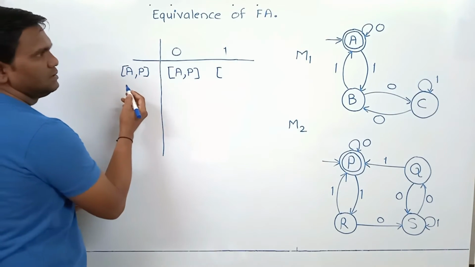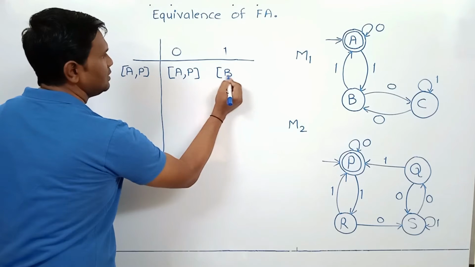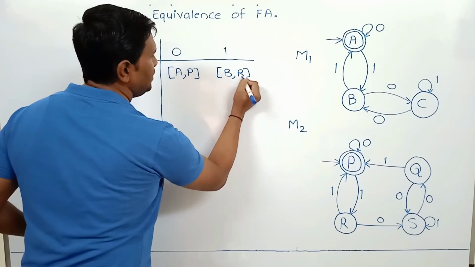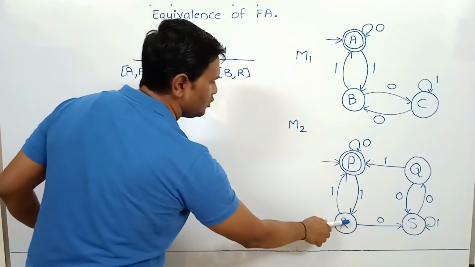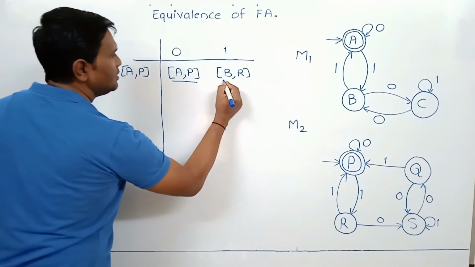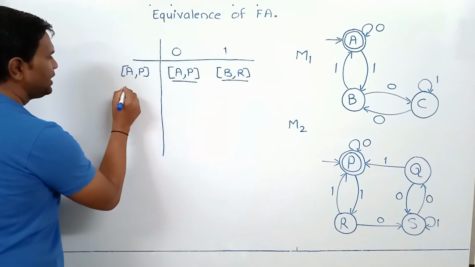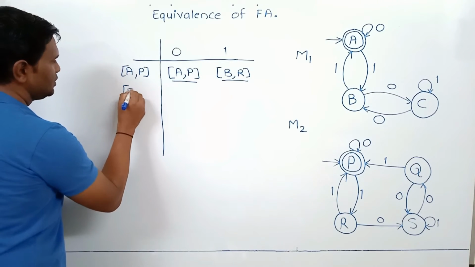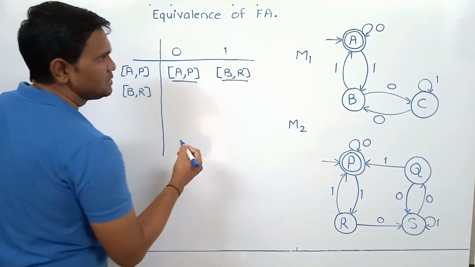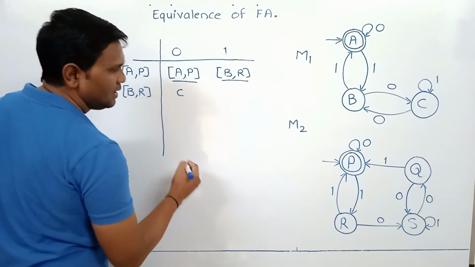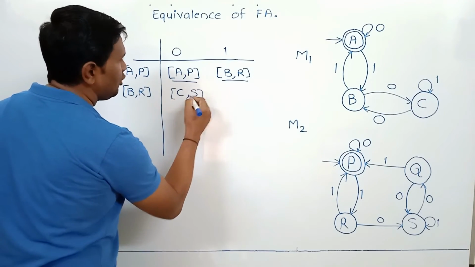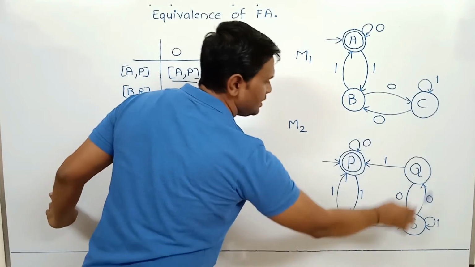Now A on 1 goes to B, P on 1 goes to R, B comma R, non-final, non-final. So AP already here, BR, this is new entry in the table. So consider B comma R. B on 0 goes to C, R on 0 goes to S, C comma S, non-final, non-final.